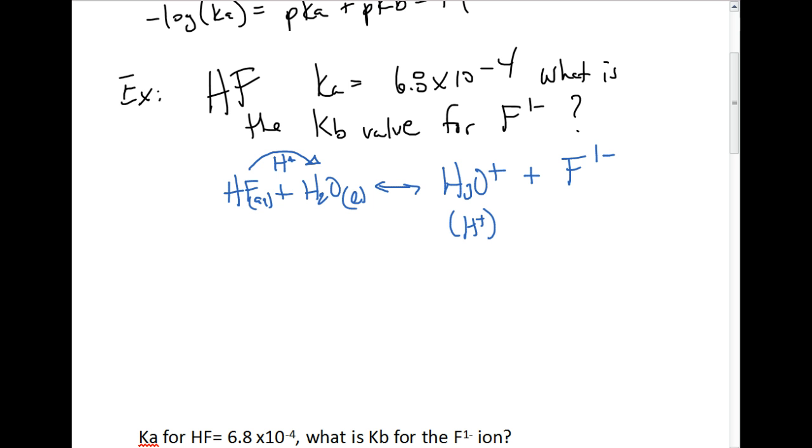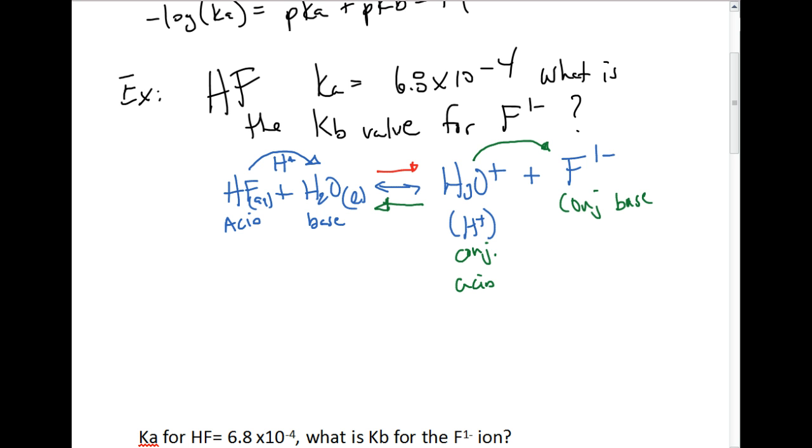So in the forward reaction, the reaction driven to the right, we would have HF being our acid and H2O acting as a base because it's accepting a proton. And on the reverse reaction, the reaction goes to the left, the hydronium is acting as our conjugate acid, and the fluoride is acting as our conjugate base.